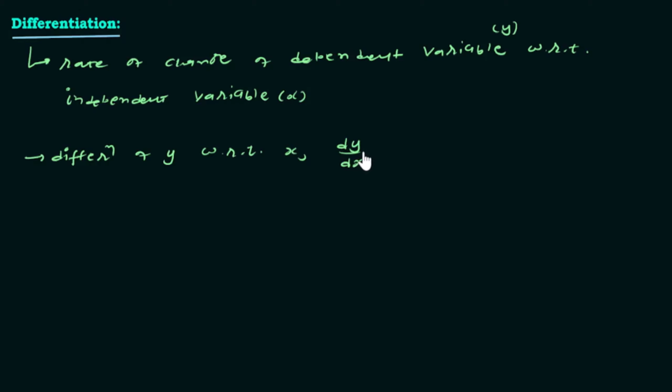So I can put y prime. Y prime means I have done differentiation of y with respect to x just once. If I differentiate it again, we will have d square y upon dx square, which is basically d by dx of dy by dx. So I differentiated y once with respect to x.